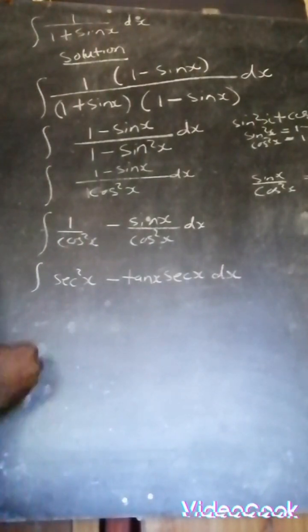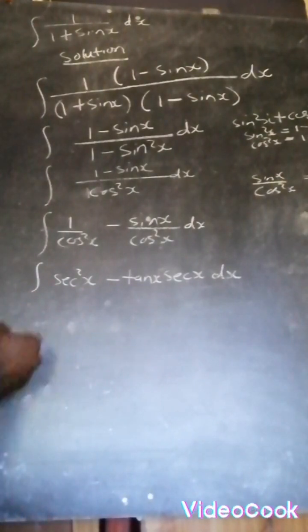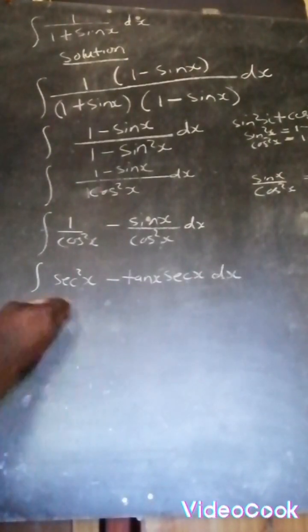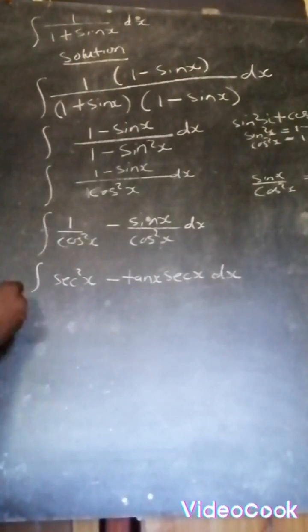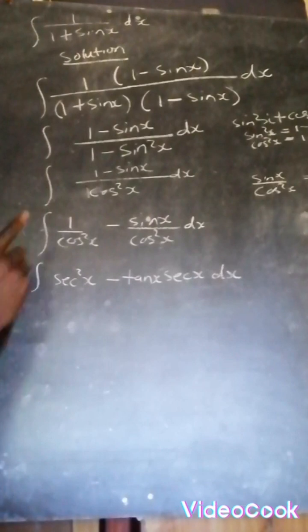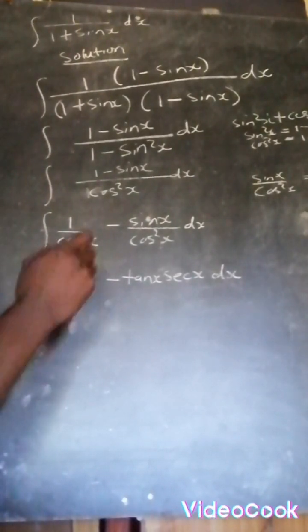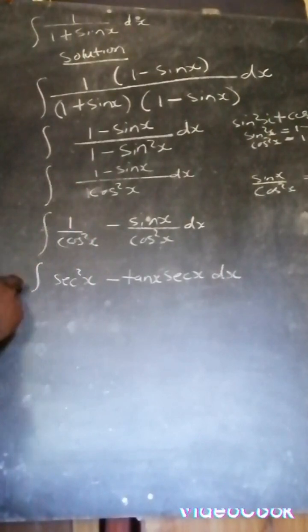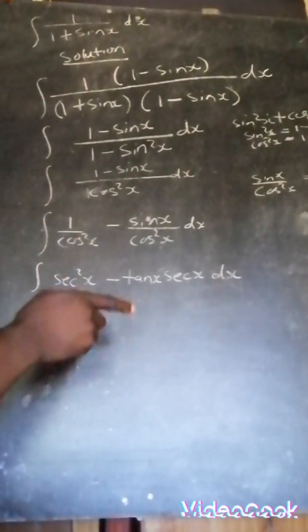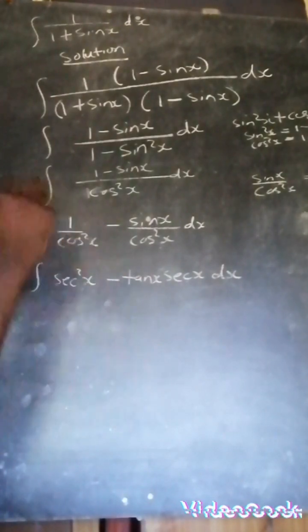moving along with me. Okay, so now what will I do just to solve this finally? I think you all know that if we differentiate tan x, we get sec squared x. So you must know that integration is the reverse of differentiation.